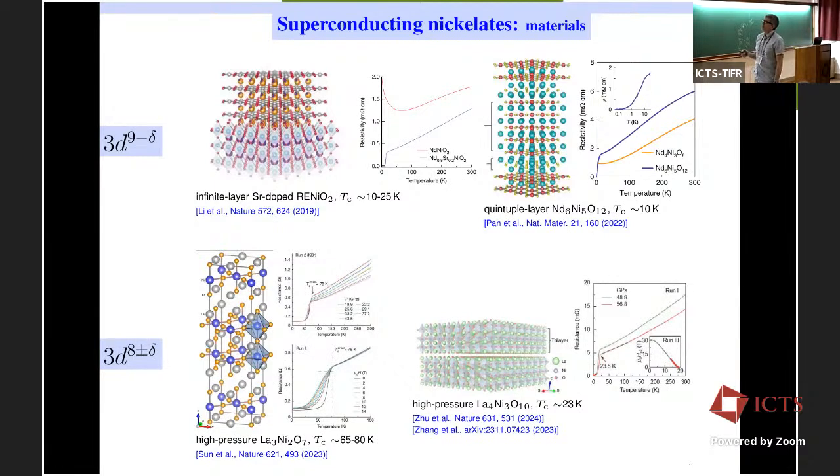The first one was found at an early stage in 2019 in Harold Hwang's group in Stanford by Danfeng Li: thin films of 3d9-ish infinite-layer Nickelates on an STO substrate. If you dope them with some strontium content, you get a TC of about 10 to 20K. Some years afterwards, there was the group of Julia Mundy in Boston.